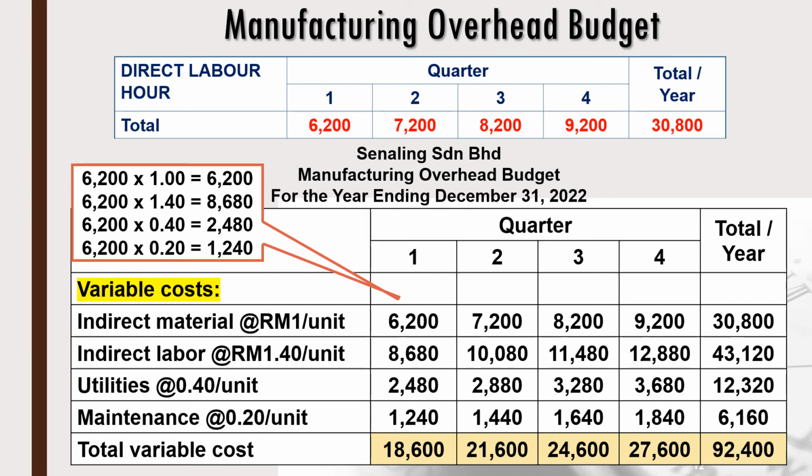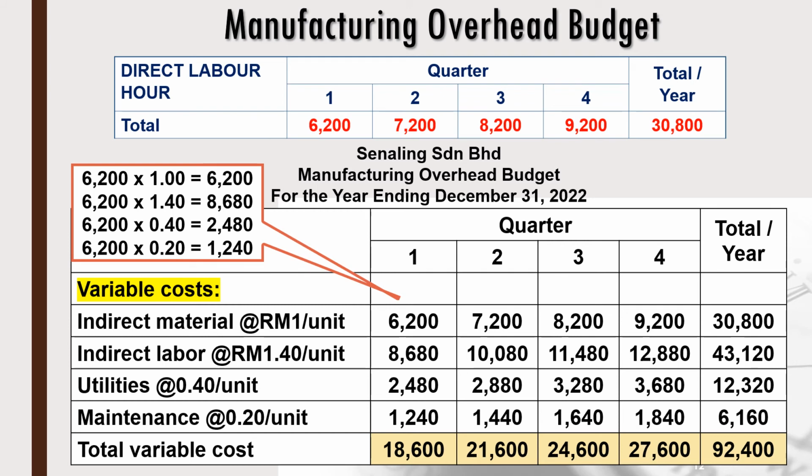Same goes to quarter 3 and quarter 4. So you get the total variable cost for quarter 2 equals 21,600. Quarter 3 equals 24,600. And quarter 4 equals 27,600.